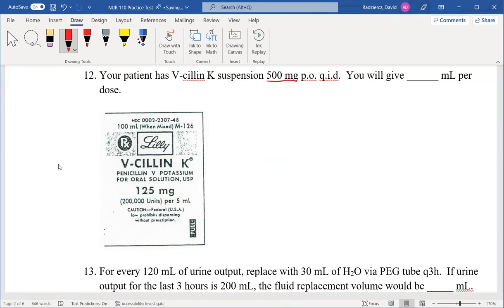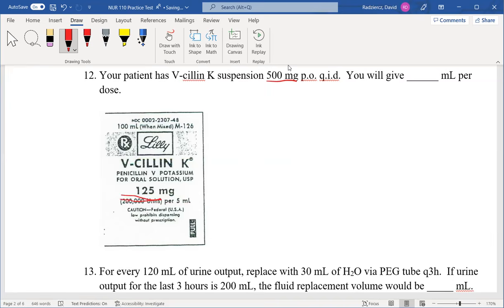If the order was 100,000 units, then you would use the units to do your calculations. But since the order's in milligrams, you're just going to use the milligrams per milliliter. So you can ignore the units here.